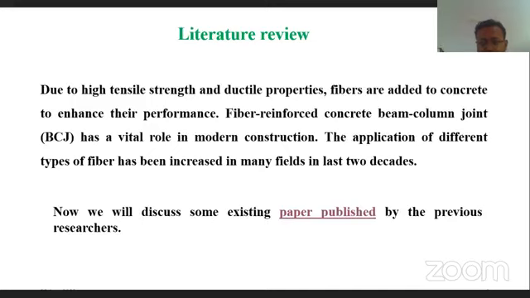In the year 2018, Poa LA et al. have used the fibers. We can see the ratio of joint depth to diameter of the reinforcing bar in the beam was developed. Okay, so further we can see the other researcher, Sahavas from et al., in the year not mentioned.